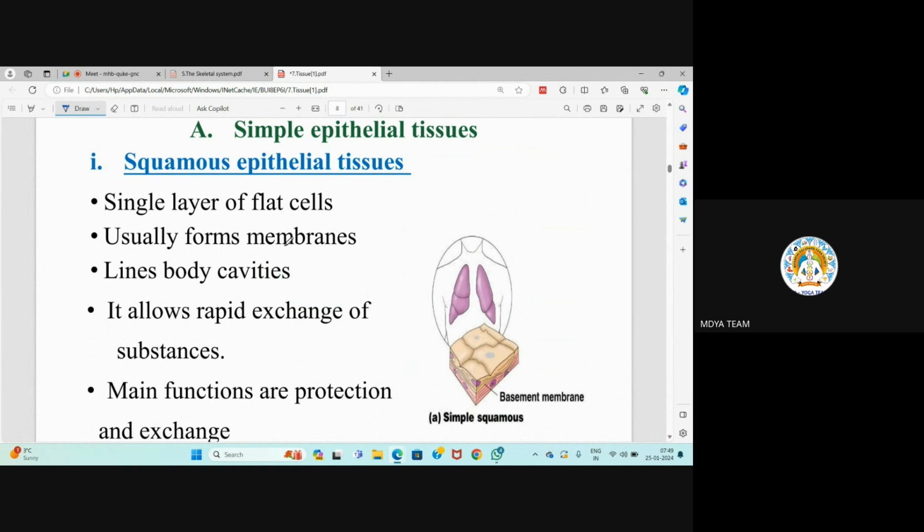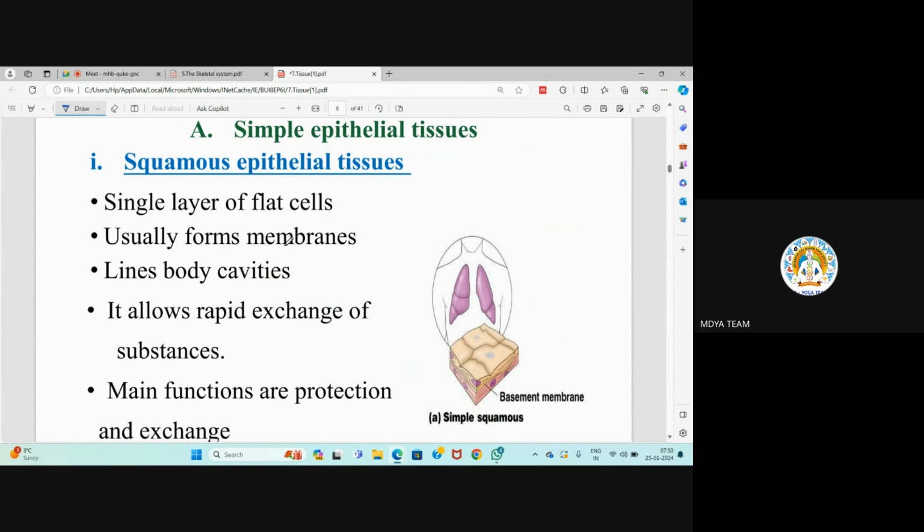Membranes are found in various glands, various organs, and also skin is a type of membrane only. So usually squamous epithelial tissues are found in membranes, linings, and body cavities. It allows rapid exchange of substances.